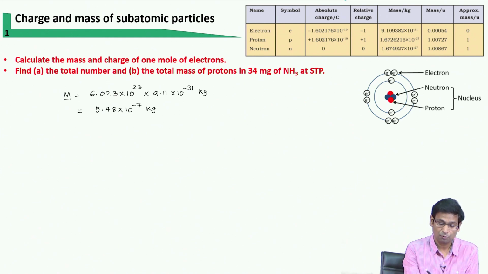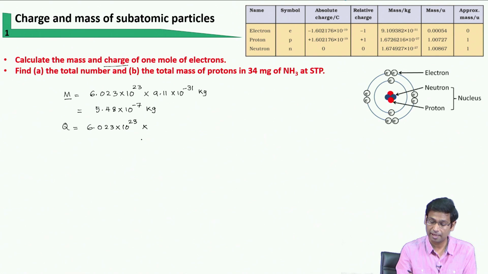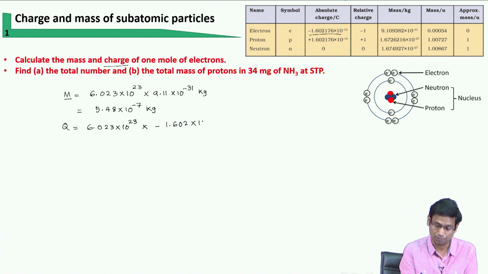Let us find out the charge of 1 mole of electrons. Again we have 1 mole of electrons, so 6.023 into 10 to the power 23, and we now multiply by the charge of the electron. You remember that it is a negatively charged particle, so minus 1.602 into 10 to the power minus 19, the unit is coulomb.